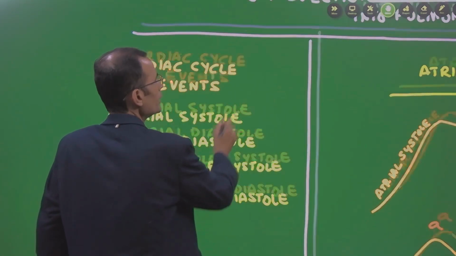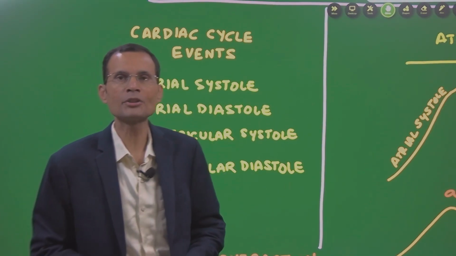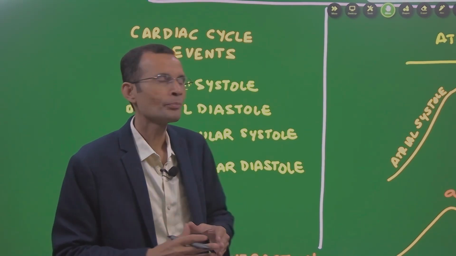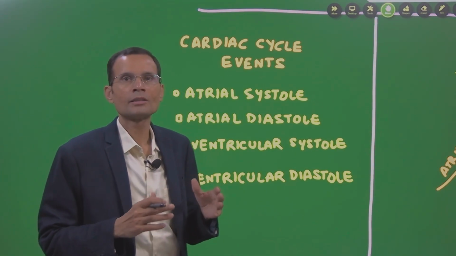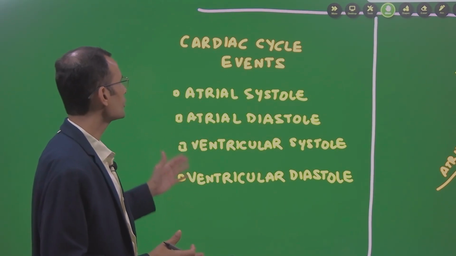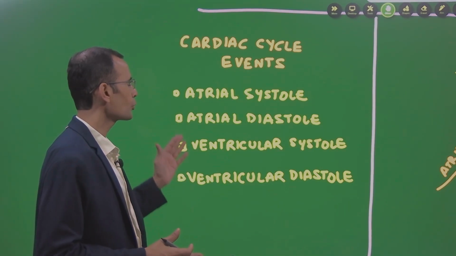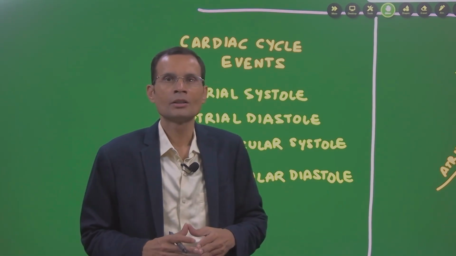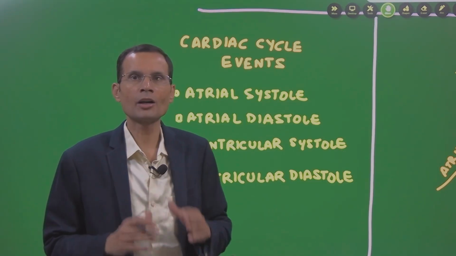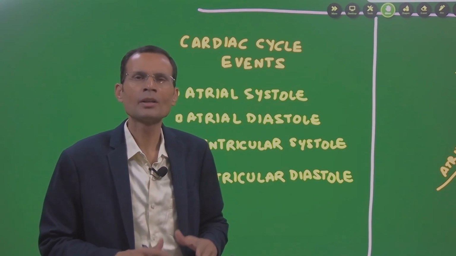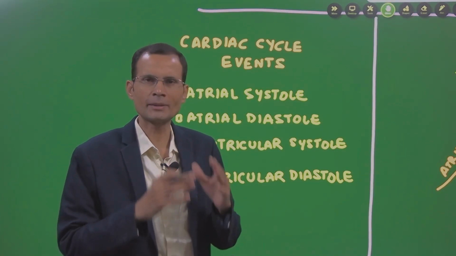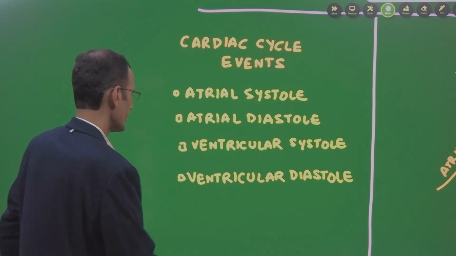Before we start looking at the MCQ itself, let me just recall cardiac cycle events. There are four major events: atrial systole, atrial diastole, ventricular systole, ventricular diastole. When we talk of JVP, we are talking about the pressure changes in the right atrium. Atrial pressure changes, specifically right atrial pressure changes.